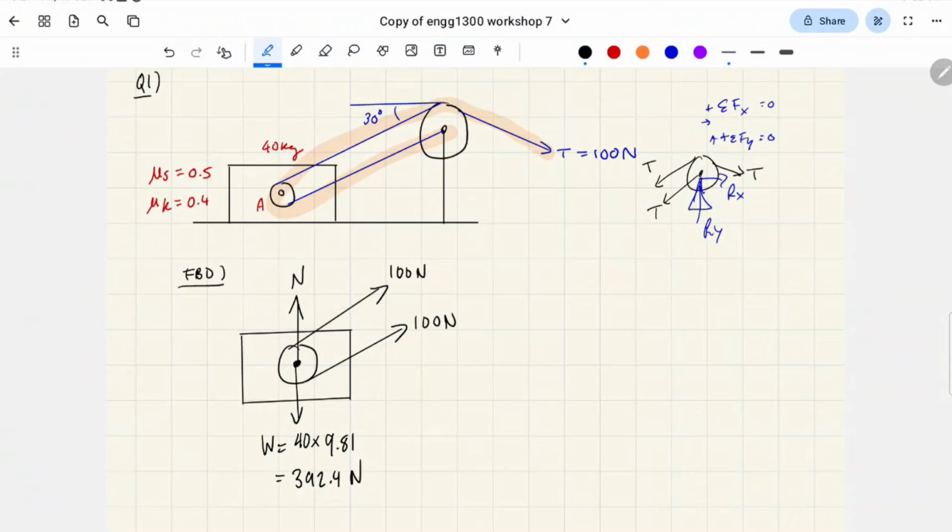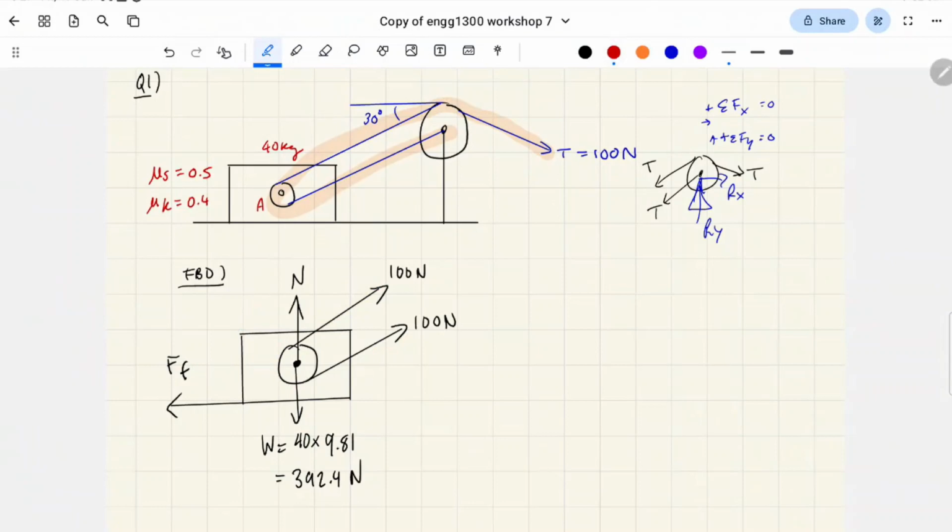Right? And we include friction. So when I write FF, the way that I like to do it is FF represents the direction of both static and kinetic friction, right?